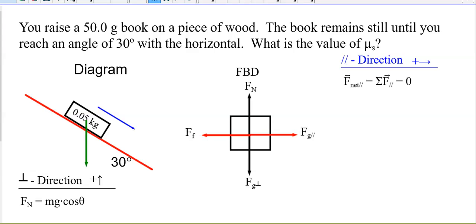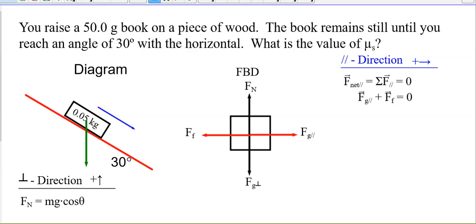So in my parallel direction, my net force is 0. Once it does begin to move, kinetic friction will kick in, and then you'll probably have an acceleration. But I'm not looking for kinetic friction. I'm looking for my coefficient of static friction. So I'm going to keep it as a static state and make my acceleration 0.